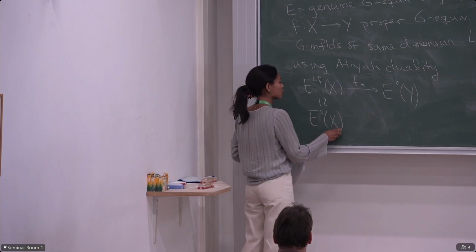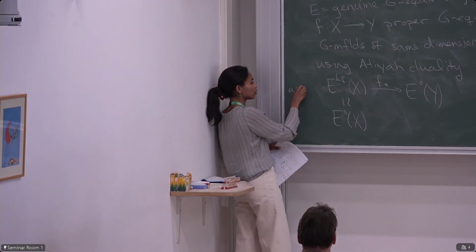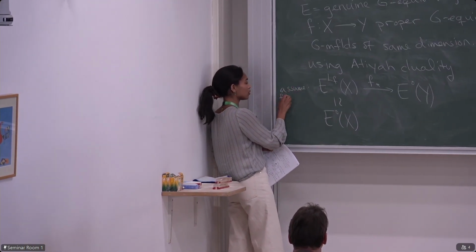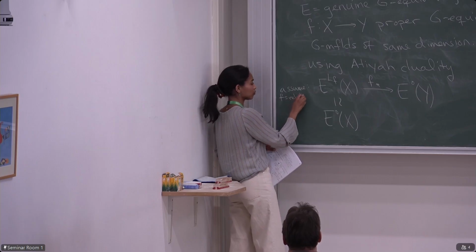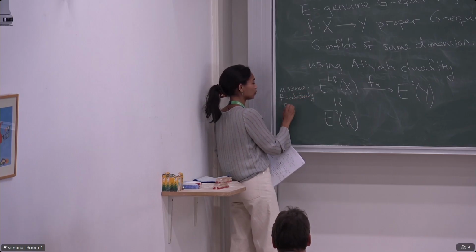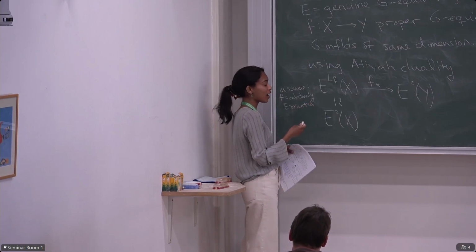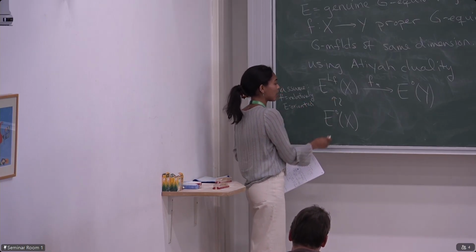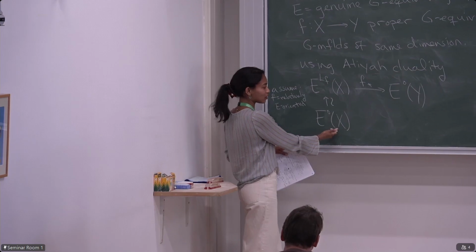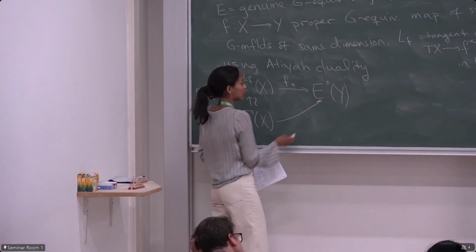So let's assume that we have an isomorphism like this, so that we have what I'll call an oriented push forward from cohomology of X in degree 0 to the cohomology of Y in degree 0.